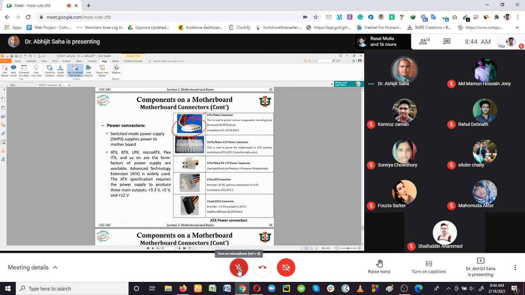So this provides power to the different optical drives like the CD-ROM, DVD-ROM, hard disk, as well as the system fan.